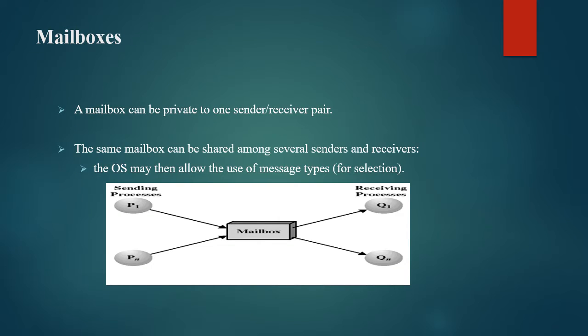Let us understand the mailbox. A mailbox can be private to one sender and receiver pair. The same mailbox can be shared among several senders and receivers. The operating system may then allow the use of message type for selection.